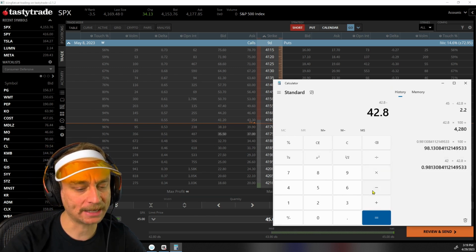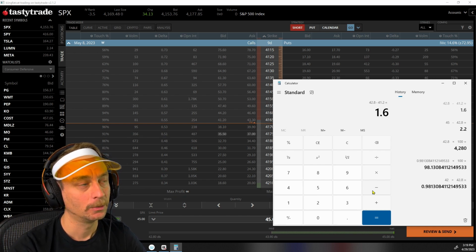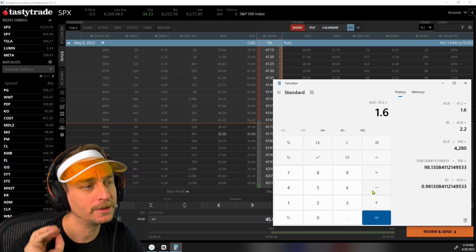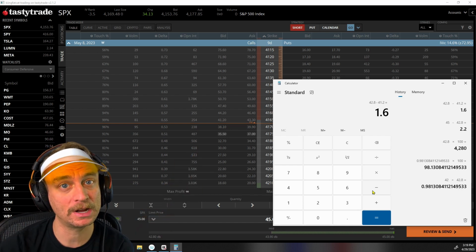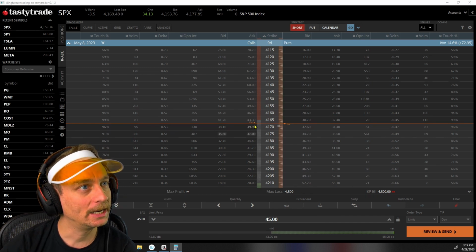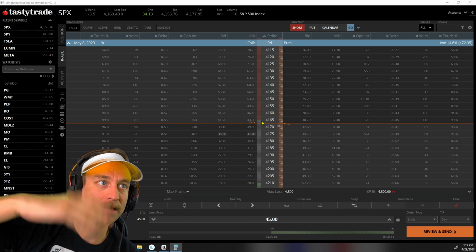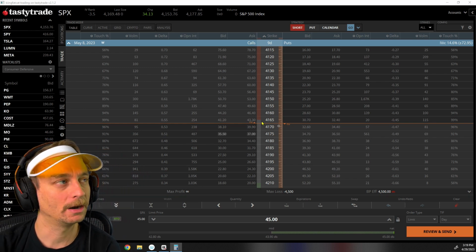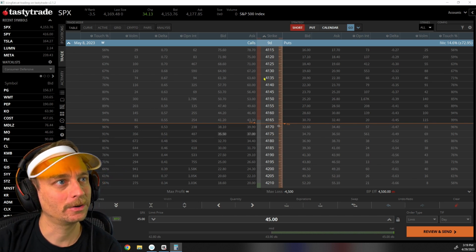So subtract that, 41.20. Well, I'm down $160. If the market didn't move the next day, or it could move, but if it comes back to the price of 165, like if the market is currently trading the price of 165, it can move the next day, but if it comes back and it's at 165 the next day or two or whatever, well, now I'm down 160. Oh, okay, well.